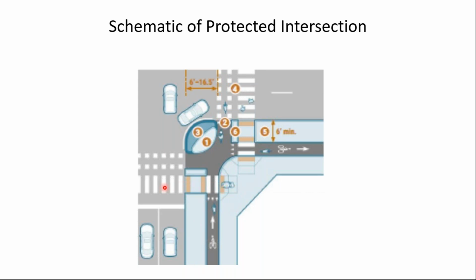Notice this is the sidewalk, or the pedestrian path crossing the bike lane, and this is the island that was referred to. This needs to be a minimum of 6 feet in the direction of pedestrian travel, and we need to have detectable warning surfaces on both sides of the island, and here as well.